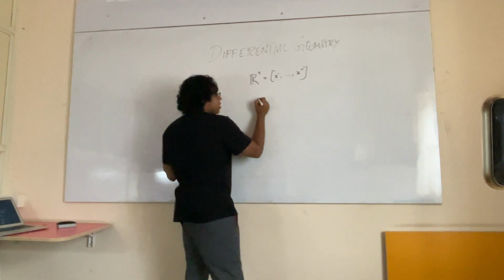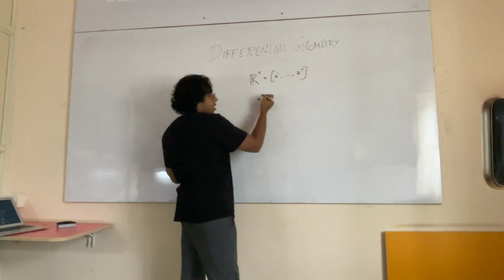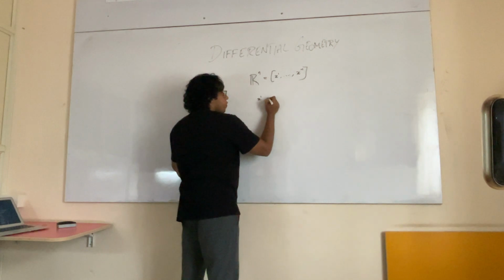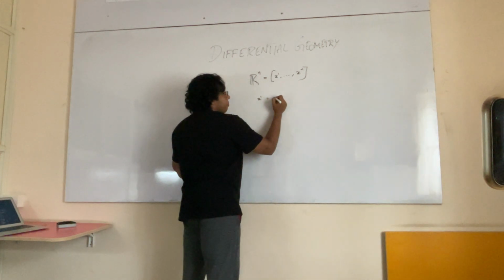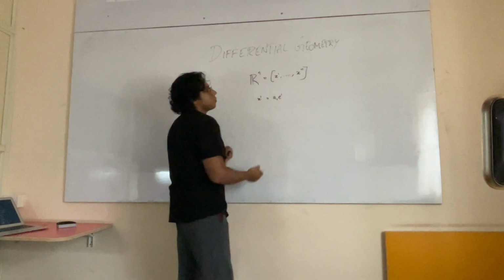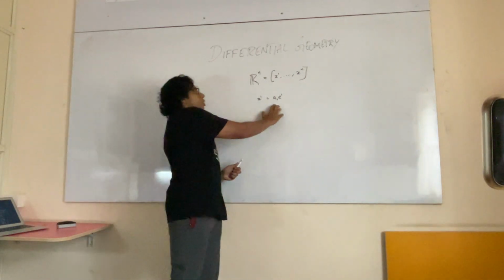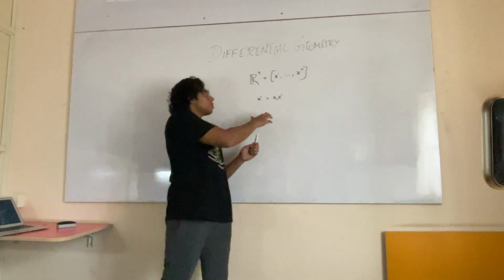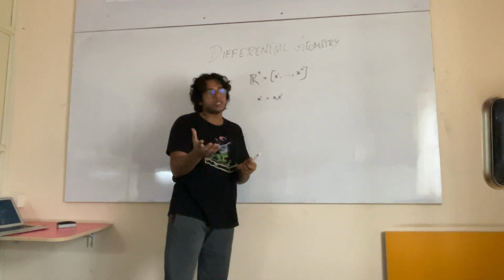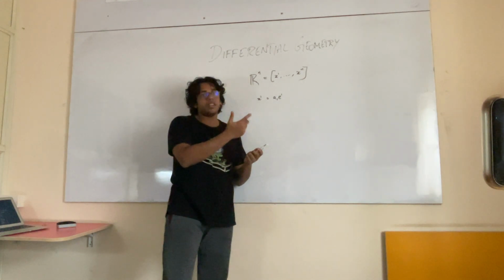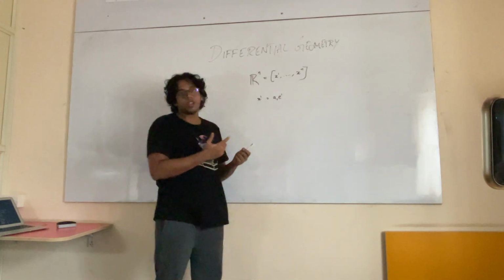So x1 can be further written down in terms of some a1 e1, right? A coefficient and a basis. So e1 is a basis. What is a basis? It's a unit. You're taking a unit vector in that particular direction, and then you're plotting a basis.